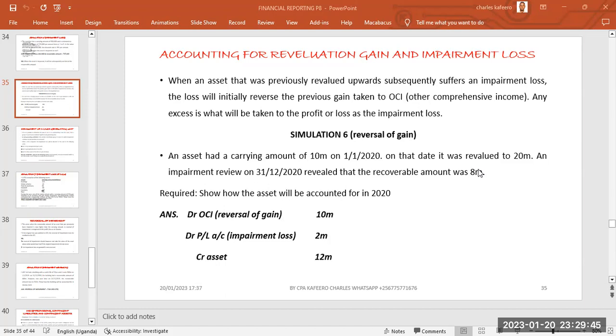And at the same time, that same asset in the current year is going to be suffering an impairment loss.